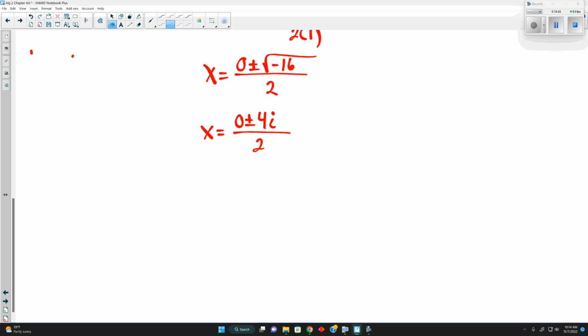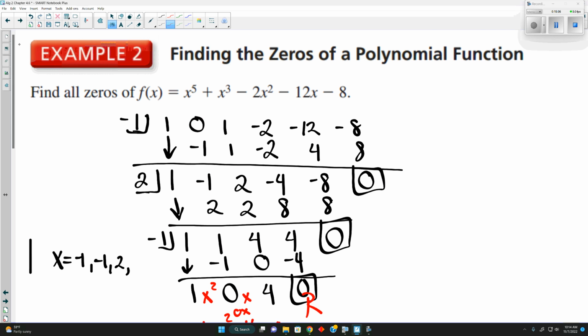Well, 0 plus 4i and 0 minus 4i, it doesn't add anything, so really what we have is plus or minus 4i over 2, but 4 over 2 is 2i. We get the same thing. Square root method's a little bit faster, a little bit easier to work with. Any questions on this here?